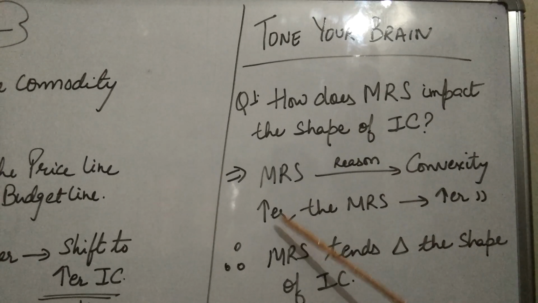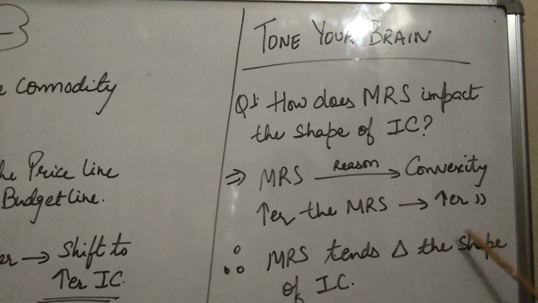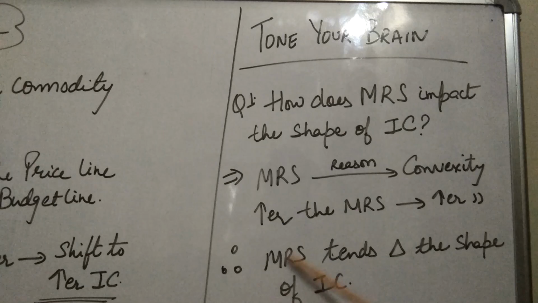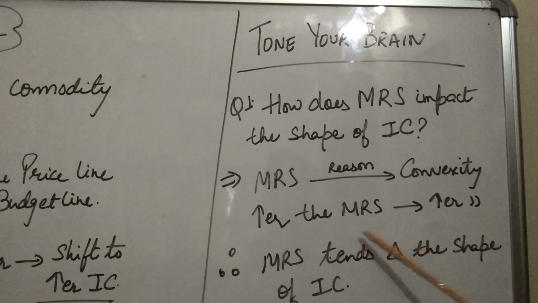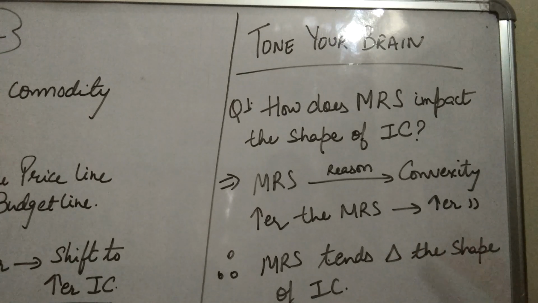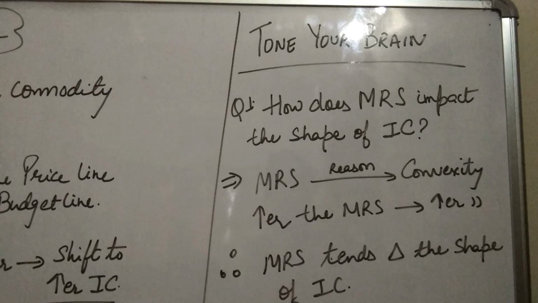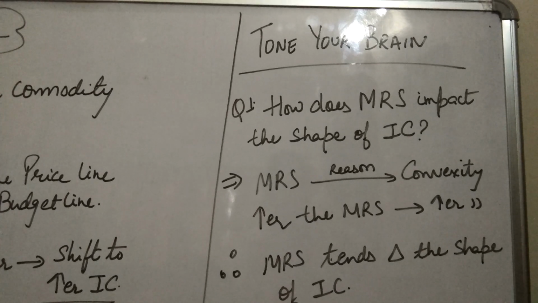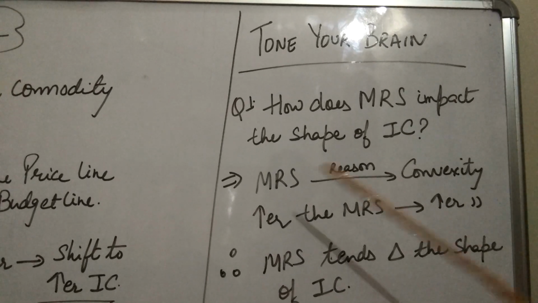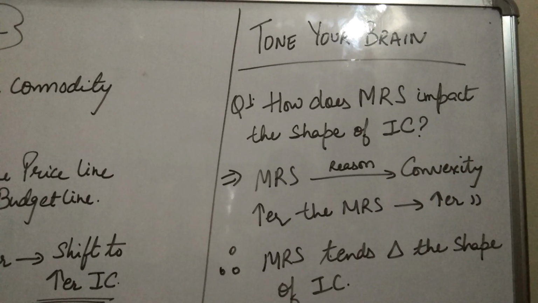Therefore, if we have higher MRS, it means higher convexity. Therefore, we can say marginal rate of substitution tends to change the shape of IC. This triangle here is used for the word change. I hope the concept behind how MRS changes the shape of IC is clear to you.